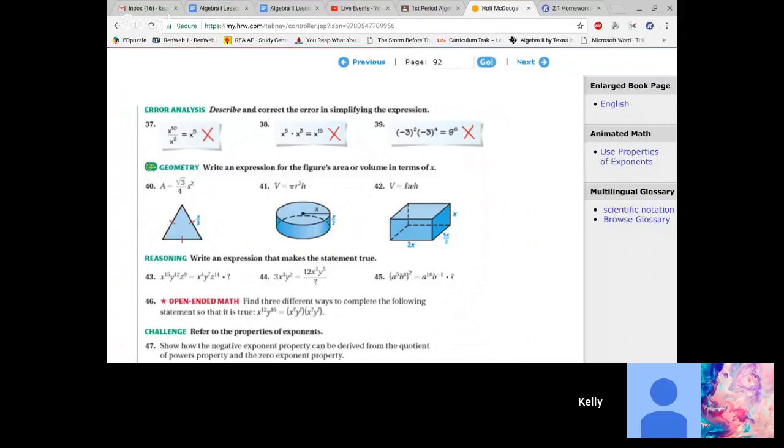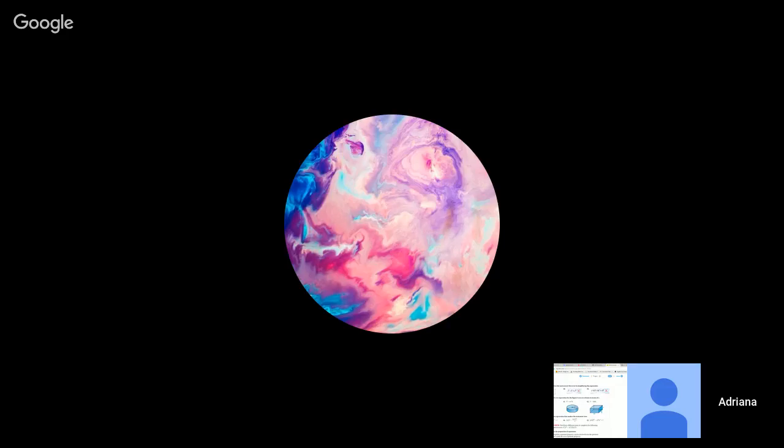Technically, it would be like if there were an X there instead of the 3, like if it was X to the 2nd and X to the 4th, you would just put X to the 6th, right? Yes.